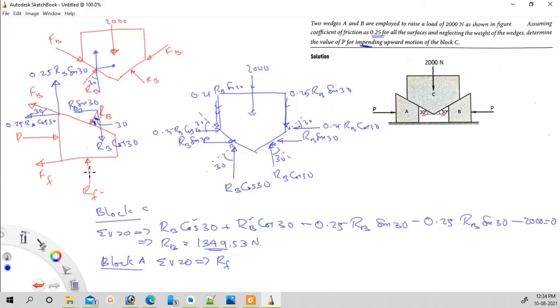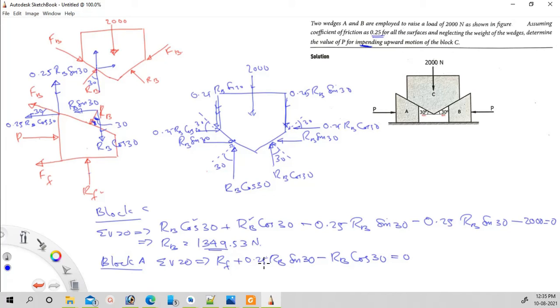RF is acting in the vertical upward direction, taken as positive. Then this one, 0.25 RB sin 30 plus 0.25 RB sin 30. Then another force acting in the vertical direction is RB cos 30, minus RB cos 30. No other forces are acting in the vertical direction, correct? Equal to 0. Three forces are acting in the vertical direction.